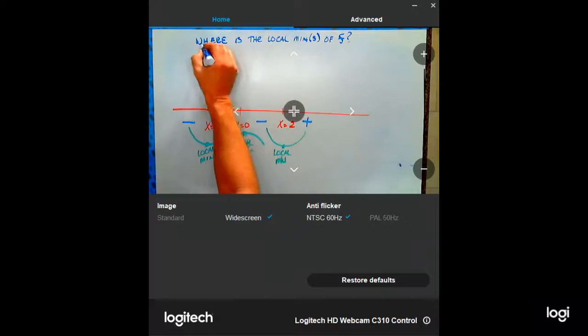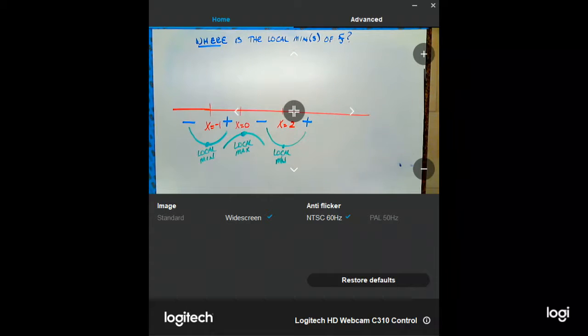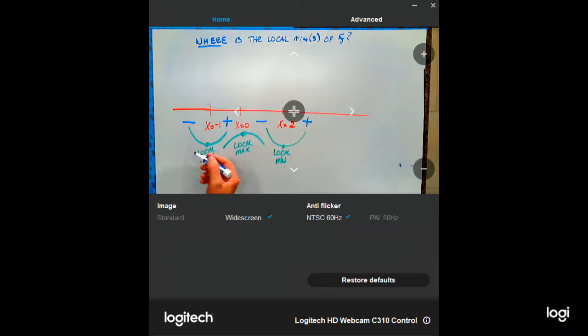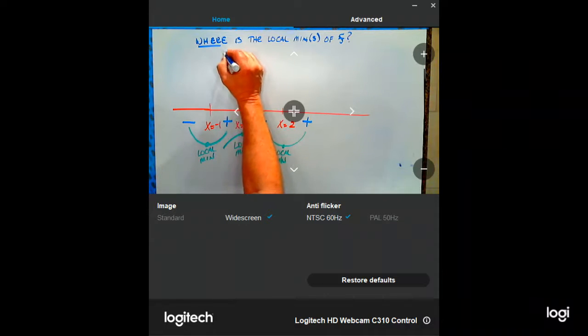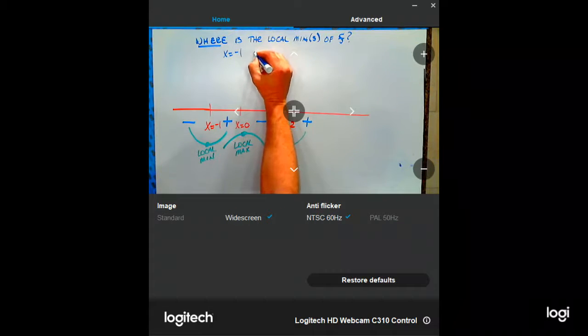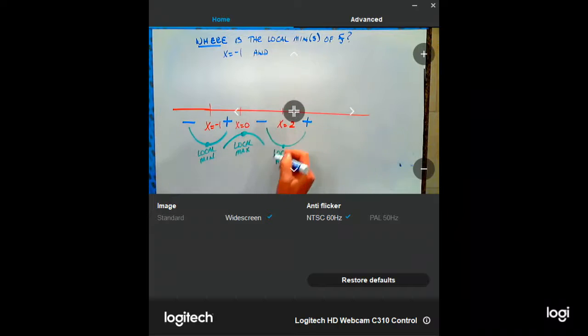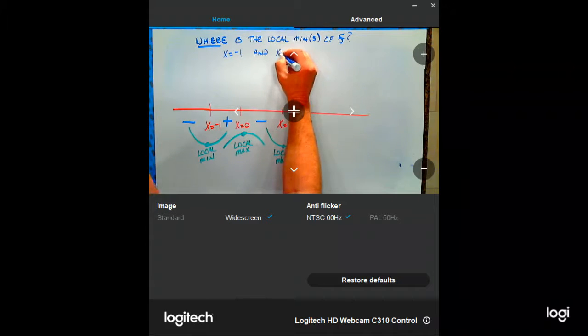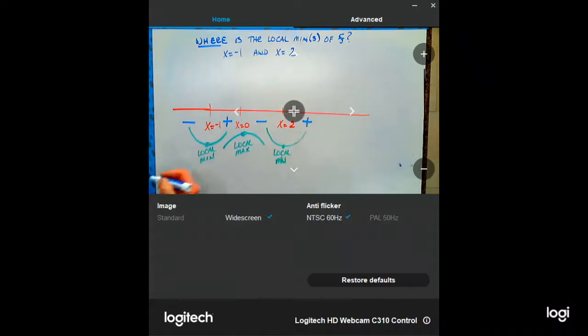All right. If that's the question, where? Well, then the answer is very, very clear. The answer is going to be the local minimum is at x equals -1, and the other local minimum is at x equals +2. All right. Now, that question is asking us for the location of the local mins, not the value of the local mins.